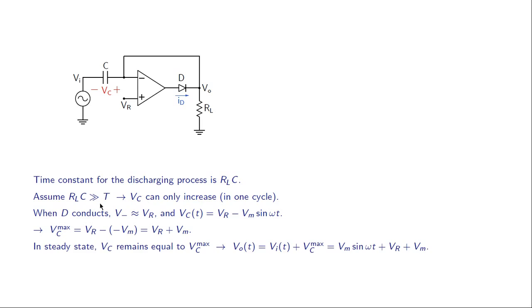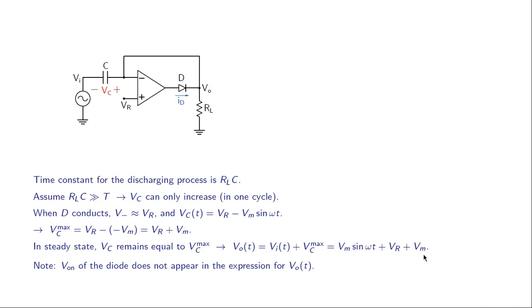And therefore in steady state we can say that Vc remains equal to Vc max, and therefore Vo, the output voltage, is Vi plus Vc, which is Vi plus Vc max, like that. That is equal to Vm sin omega t plus Vr plus Vm. And notice that the on voltage, V on of the diode, does not appear in this expression.